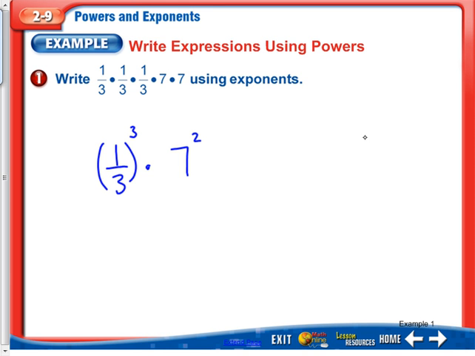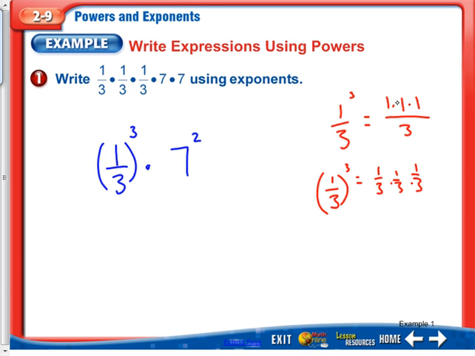If I were to have written 1/3 and then this cubed, what that means is we're going to do 1 times 1 times 1 all over 3. Now, 1/3 in parentheses cubed means 1/3 times 1/3 times 1/3.